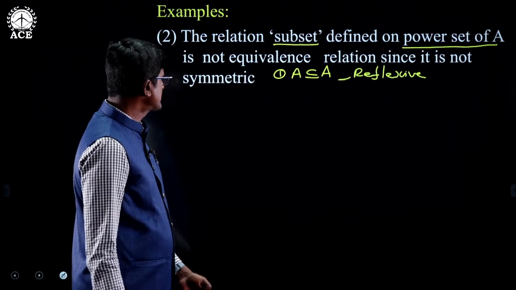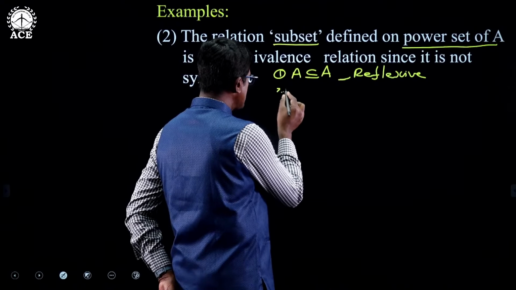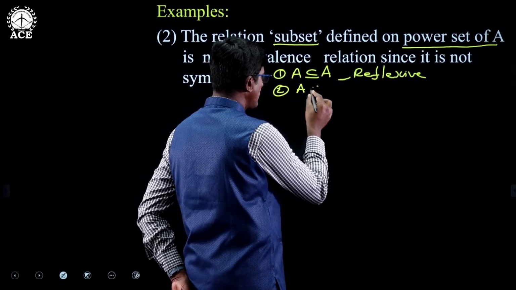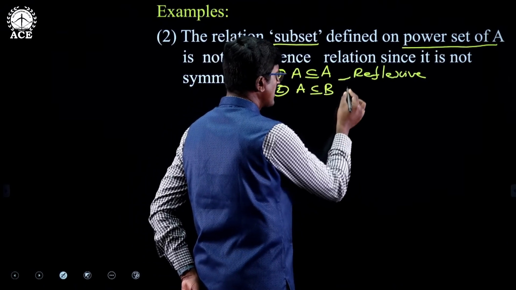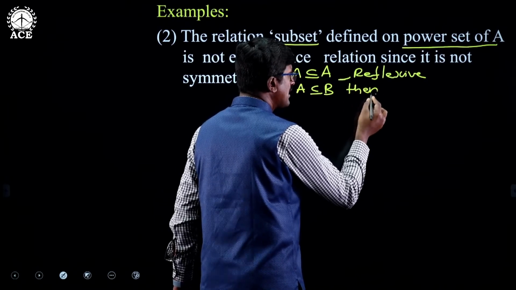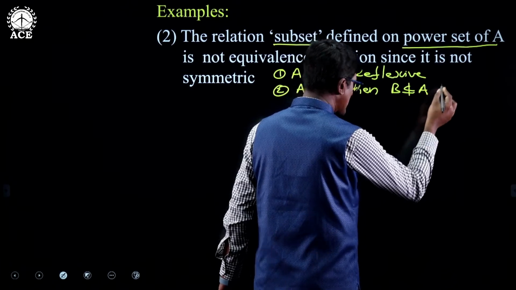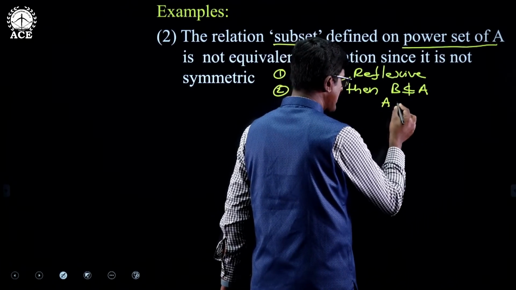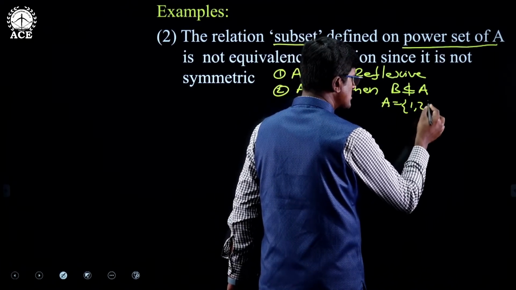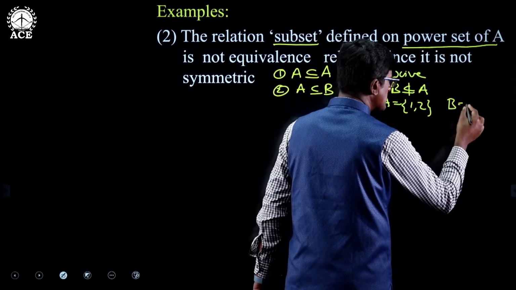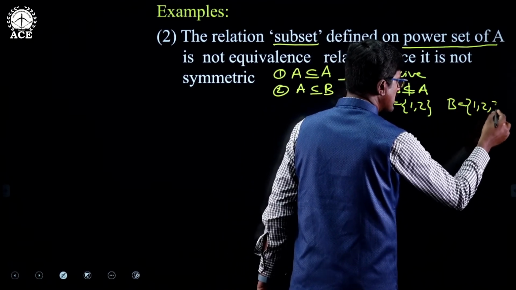The second one: what is the second one? If A is a subset of B, then B will not be a subset of A. You can see that with this example. I am taking A equals {1,2} and B equals {1,2,3}.